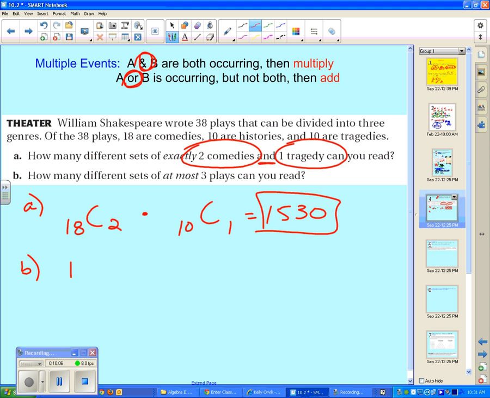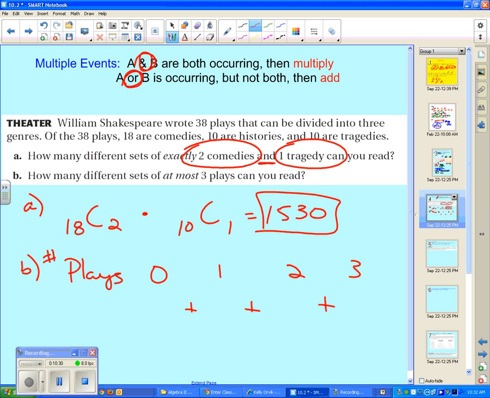So we have number of plays 0, 1, 2, 3. Can you read 0 and 1 and 2 and 3, or is it an or? 0 or 1 or 2 or 3. It's an or, right? So I'm going to have plus in between each of these.